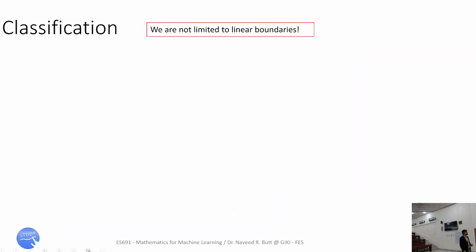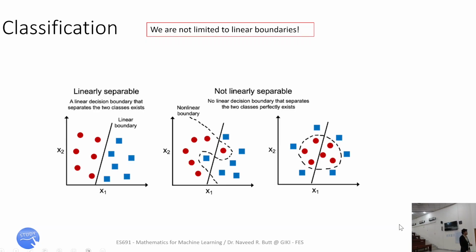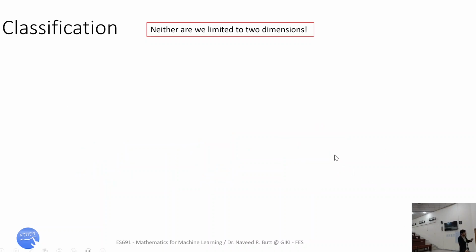So we are not limited to linear boundaries. That means it's not necessary that the boundaries we find are lines. We could find non-linear boundaries. This is called non-linear classification. Then, we are not limited to 2 dimensions.